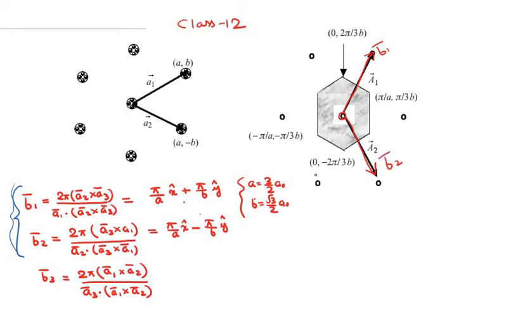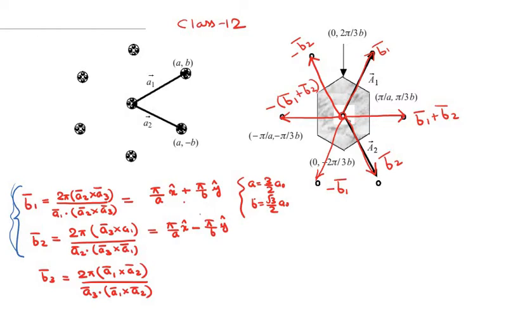Then we have minus B1, minus B2, then this vector which is B1 plus B2, and this reciprocal lattice vector which is minus B1 plus B2.